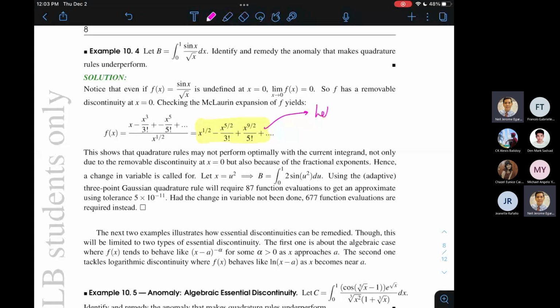So I will let x to be equal to u squared. Right? Because if I do so, when x is replaced by u squared, lahat ng mga powers na to ay magkakaroon ng exponents na integer na lang. Okay? But again, this will require the change in the differential. So this will require dx to be replaced by 2u du.